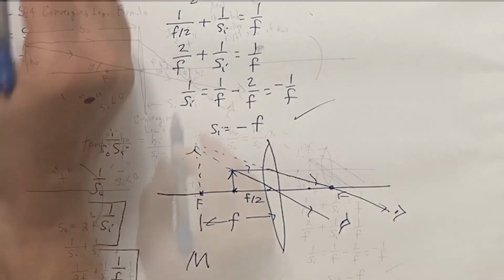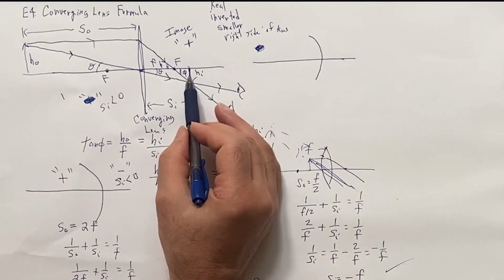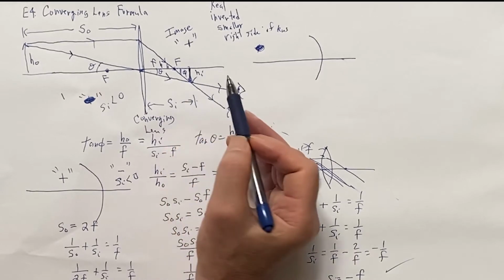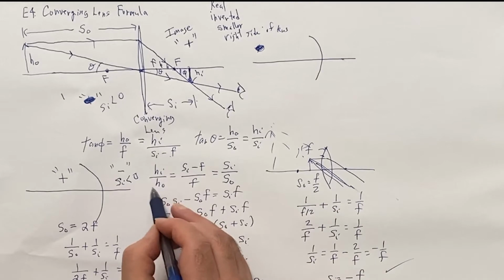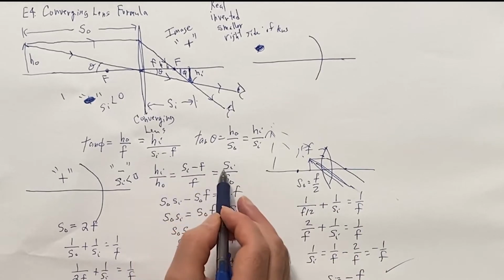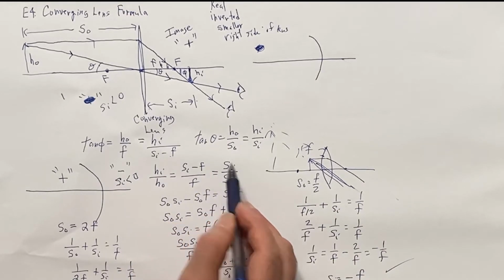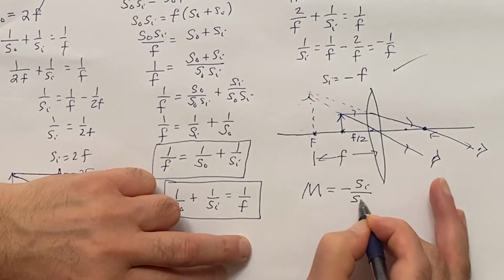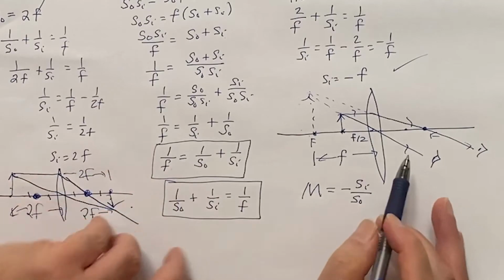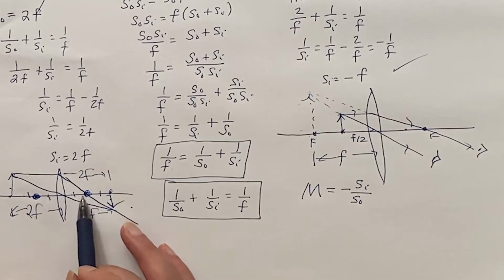That's going to be, if you look over here, the magnification. Your definition of magnification would be here. So the magnification is the same formula we had before, and we are going to use the minus sign as before, because when both of these are positive, that's the case that we did over here.